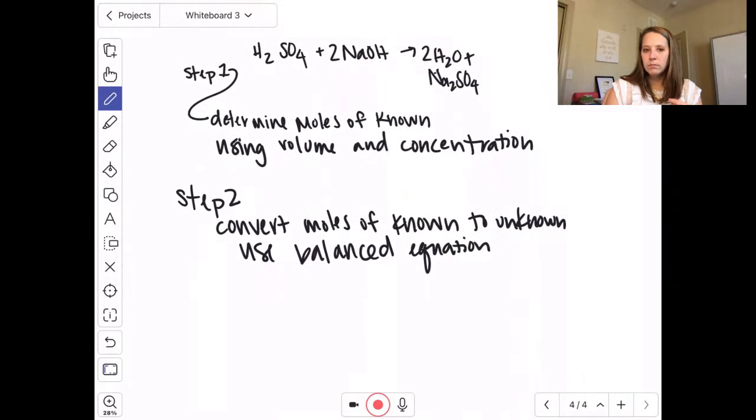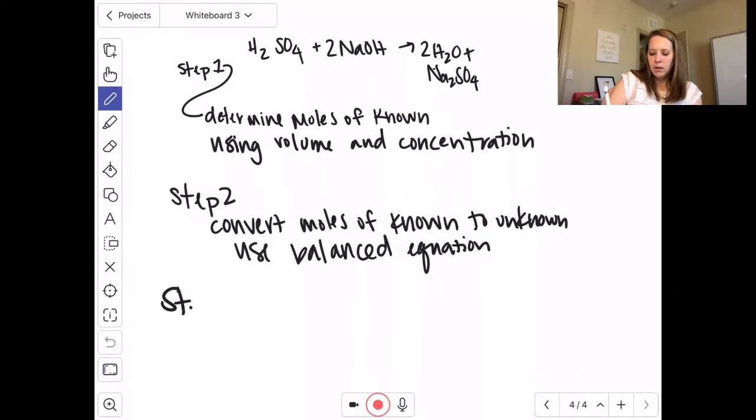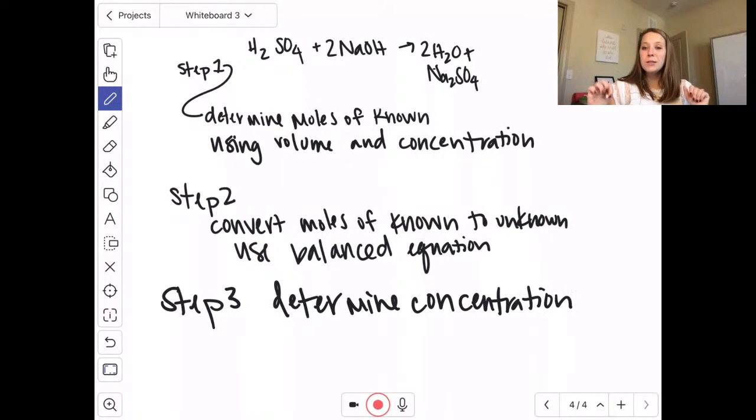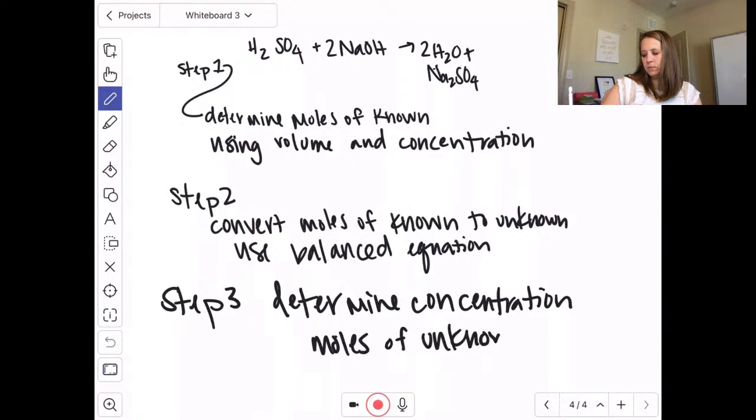And then step 3, we want to determine the concentration. So when we do this, it is relatively simple. We're going to take the moles of unknown, divide by the volume of unknown.